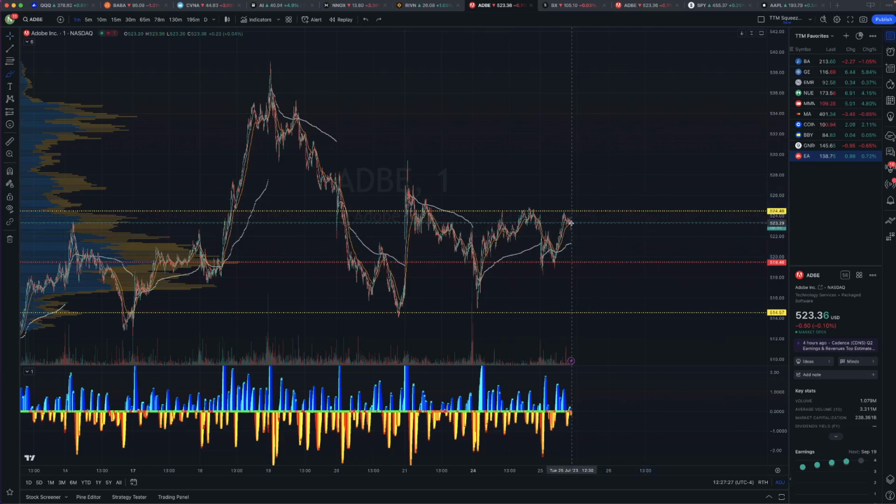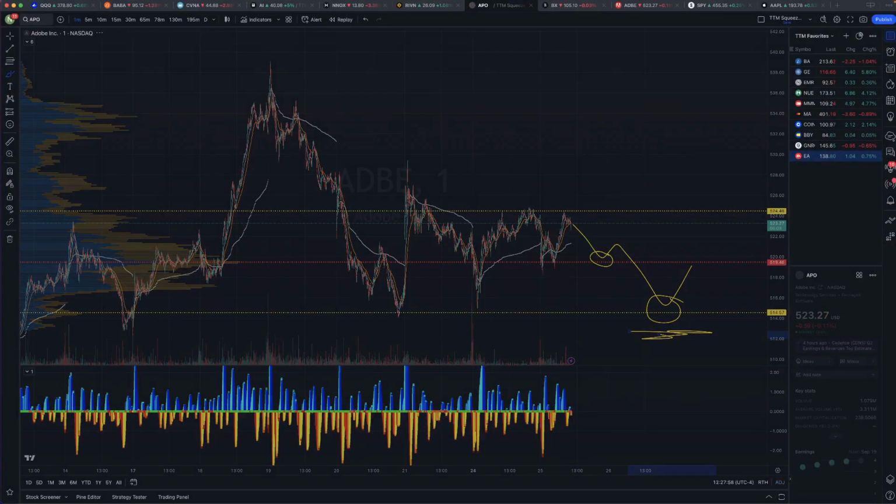Or I could see something happening like this, right? So I would maybe take a starter there, take a full position there, stop out below that, right? So that's Adobe, APO. Sorry, two more, and then I'll jump off.